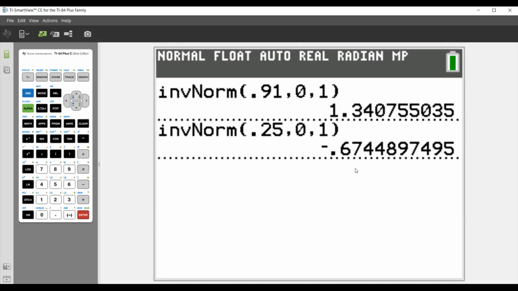Can somebody tell me what the Z would be for the 75th percentile? Without doing any arithmetic, just staring at the screen here, what Z corresponds to that?